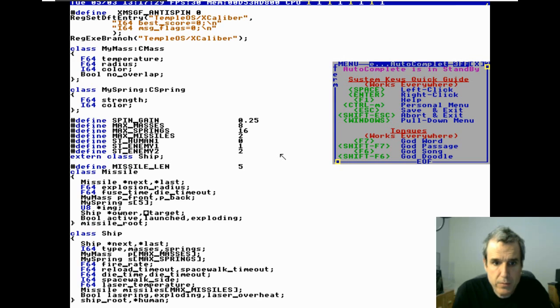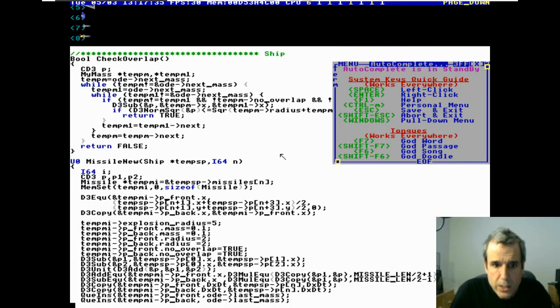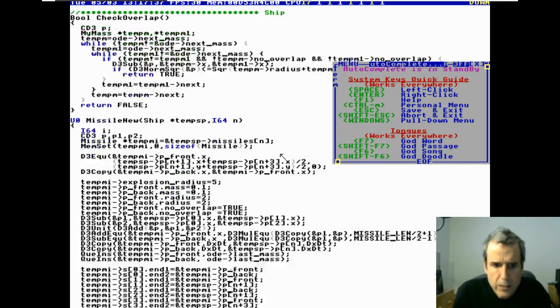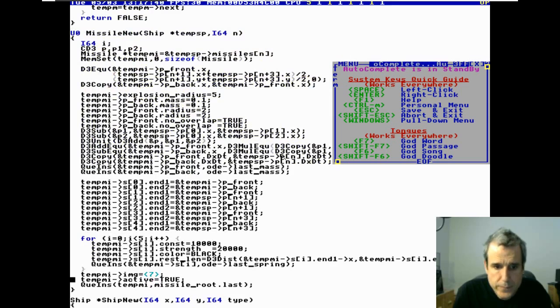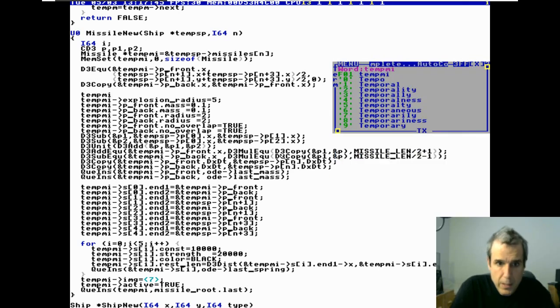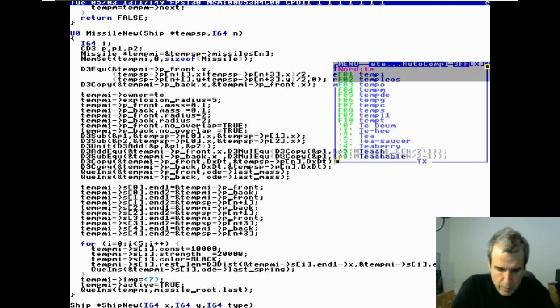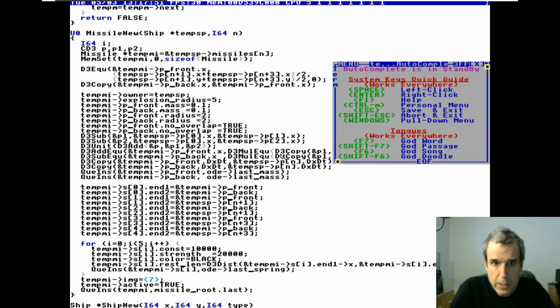Okay, now we look for... make a new missile. Ship. Owner. SP.